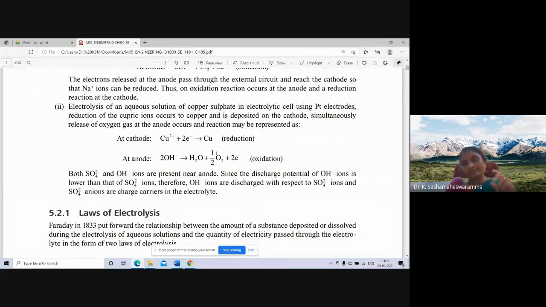With the water molecule, H plus and OH minus ions are there. Both the sulfate and OH minus ions are present nearer to anode, but sulfate ion is bulky.